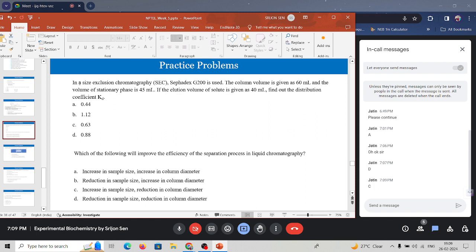Okay, now the next question. In a size exclusion chromatography, Sephadex G200 is used. The column volume is given as 60 ml and the volume of the stationary phase is 45 ml. If the elution volume of the solute is given as 40 ml, find out the distribution coefficient.